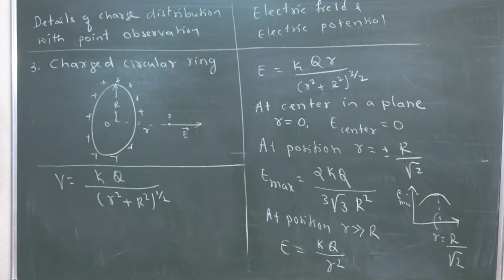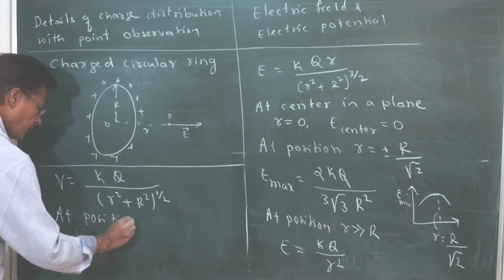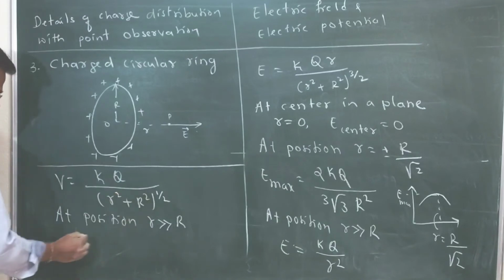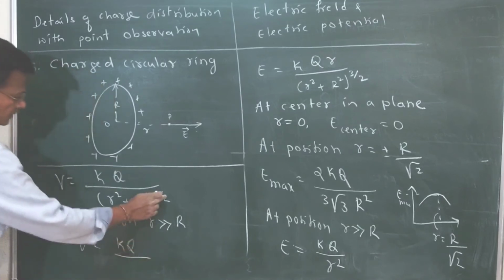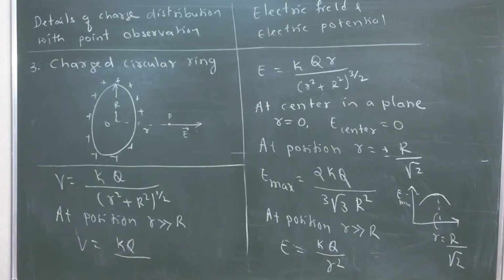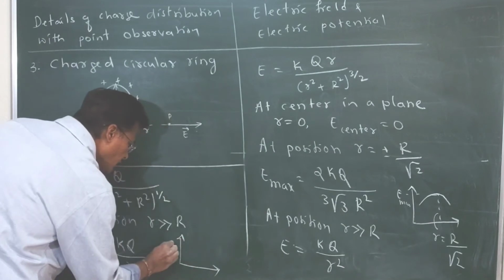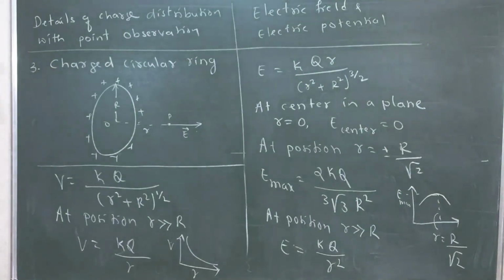At the position where r is much greater than capital R, R becomes 0. So V equal to kQ divided by r. It is a reciprocal of the distance, so if we take the graph of V versus r, we get this type of curve.